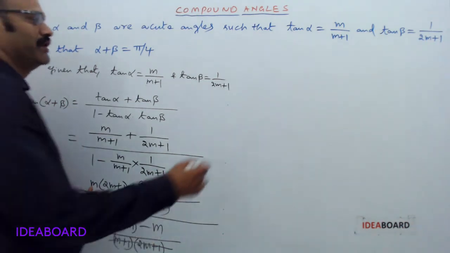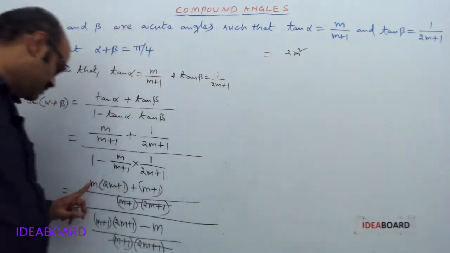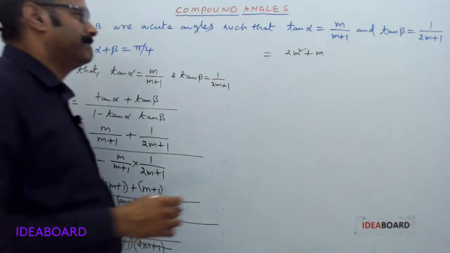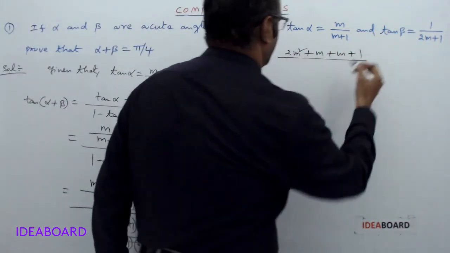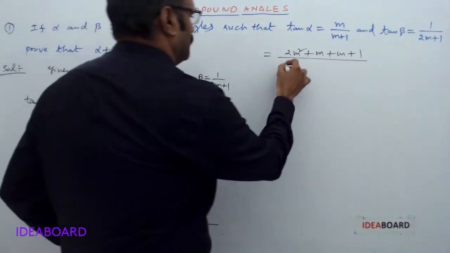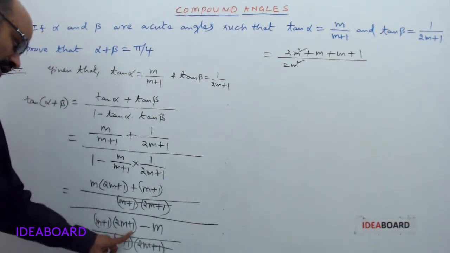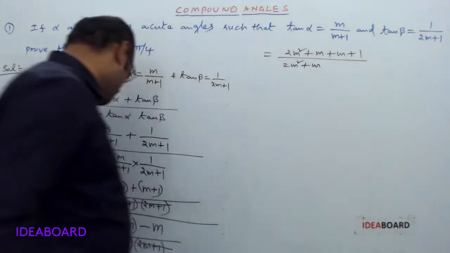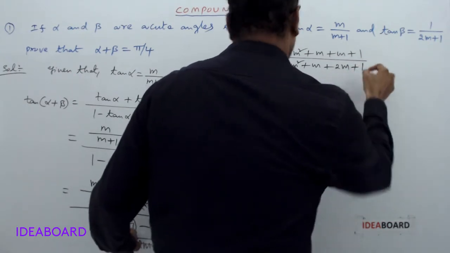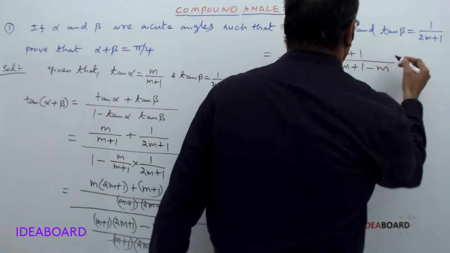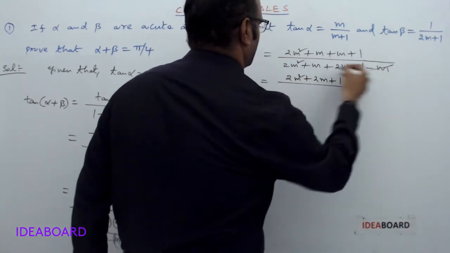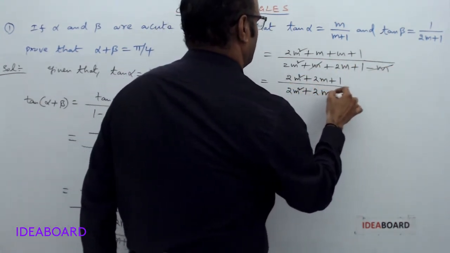Then we get 2m square plus m into 1 plus m plus m plus 1 whole by 2m square plus 2m plus 1, whole by 2m square plus 2m plus 1.